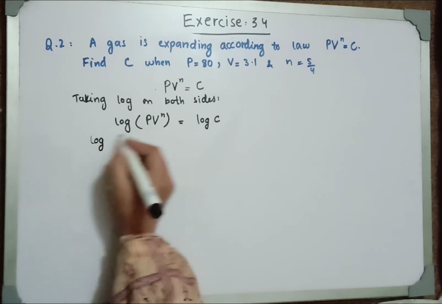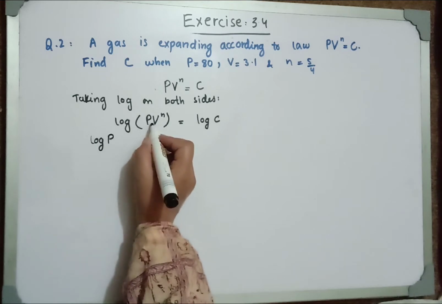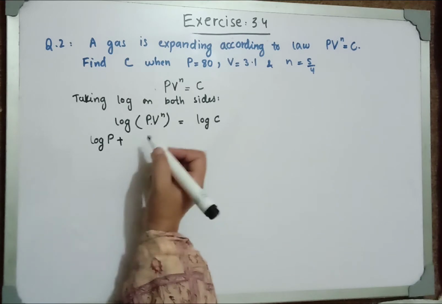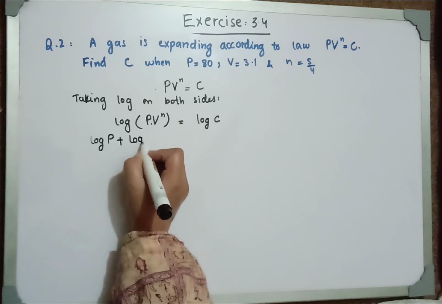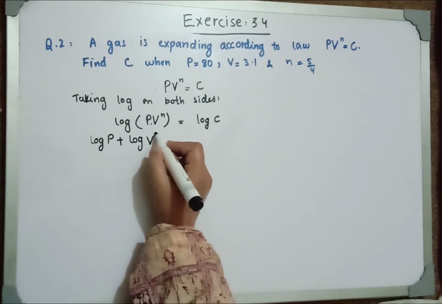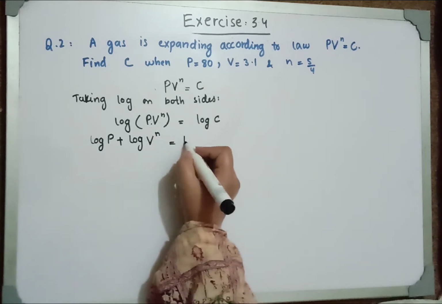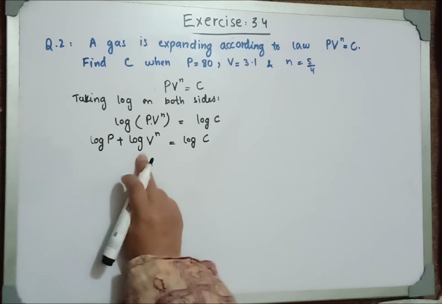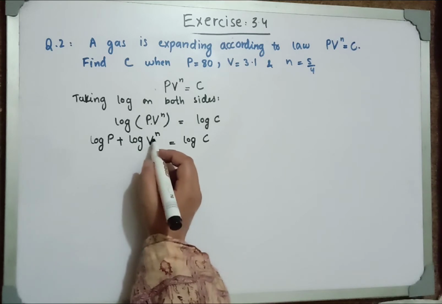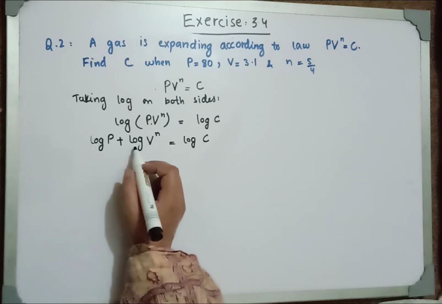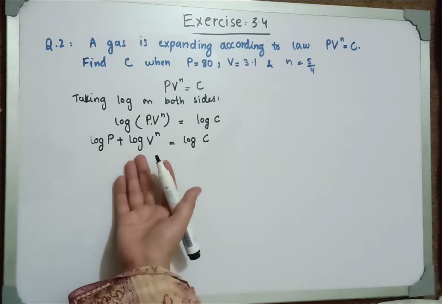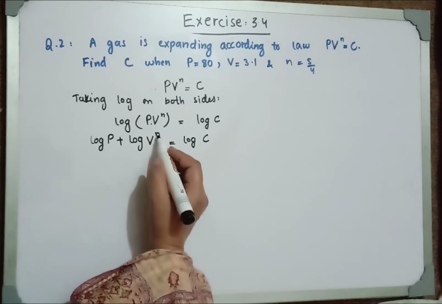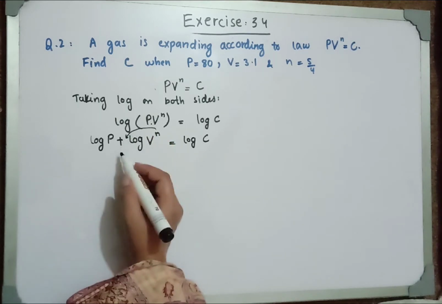So we will get log of P, the first number, as it is. Then as we have multiplication here, we will write plus according to the law of logarithm, plus log of the second number, which is V raised to the power n, is equal to log of C. Now we know there is another law of logarithm which states that if a number has a power, then this power will come before the log.